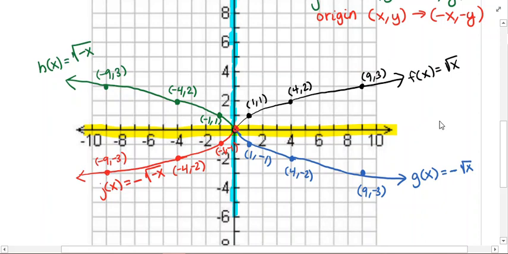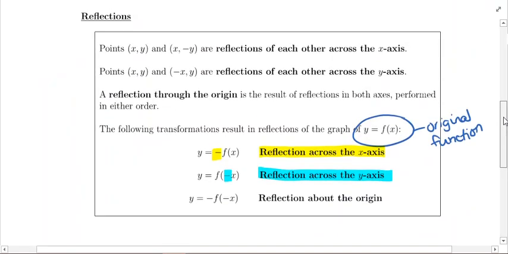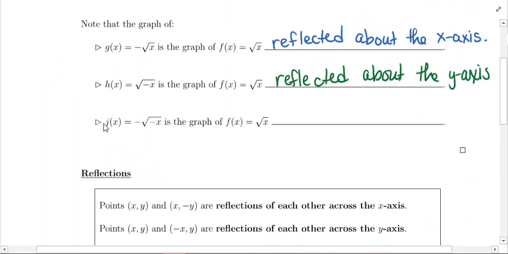That is origin symmetry. Okay, so to summarize this at the top of page 7, this bullet point right here for j of x, how does that compare to the graph of f of x? Remember f of x is the original function. It's the square root of x. That's the black graph. We are now comparing that to the red graph, which has the equation j of x is equal to the negative square root of negative x.